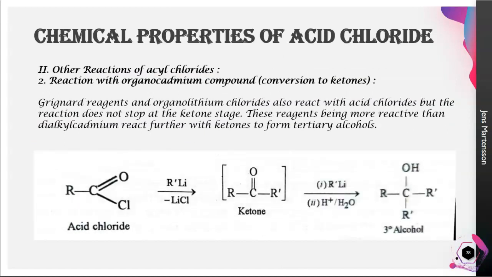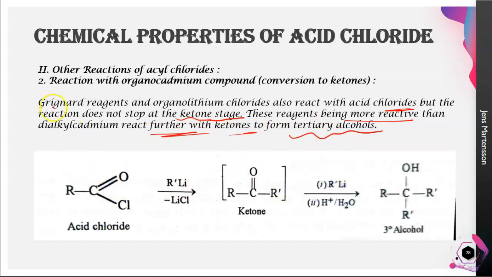Grignard reagent and organolithium reagents also react with acid chloride, but the reaction does not stop at the ketone stage. When you see the reaction of acid chloride with organocadmium compound, the reaction stops at the ketone stage only. But in the other cases, the reaction of acid chloride with dialkyl cuprate and Grignard reagent, the reagents are more reactive than dialkyl cadmium and will react further with ketone to form tertiary alcohol.